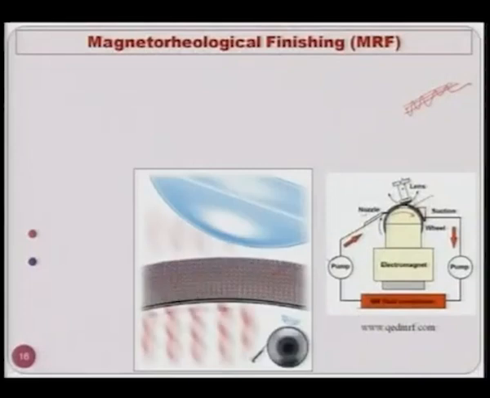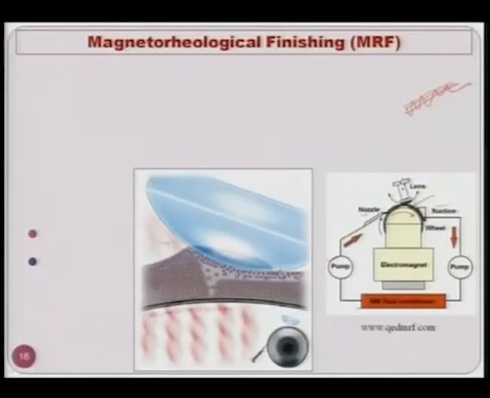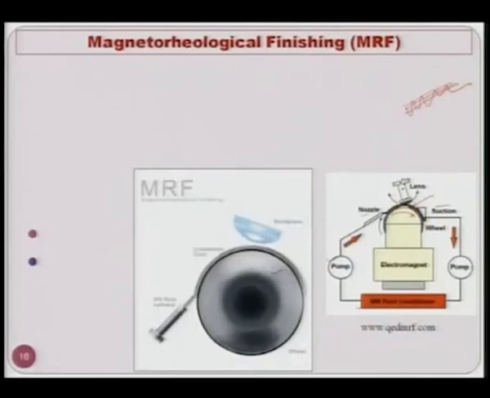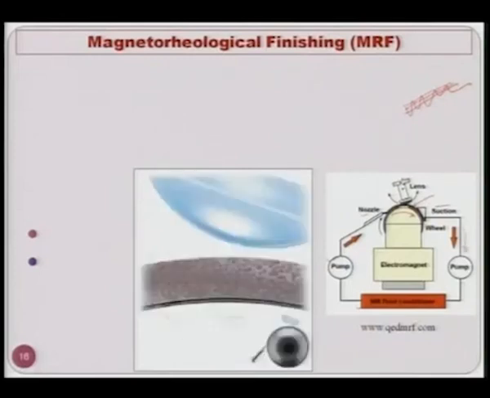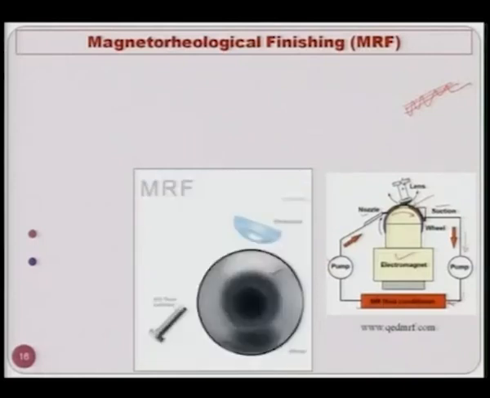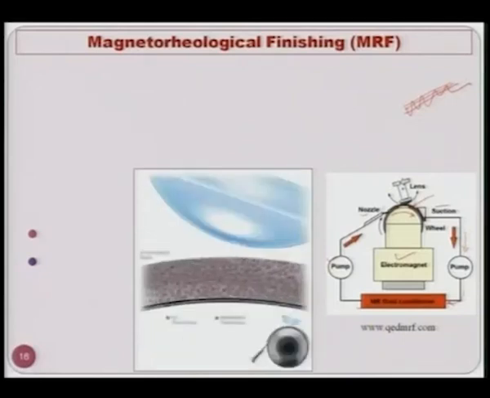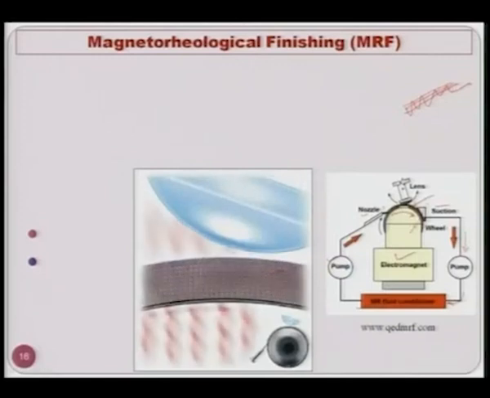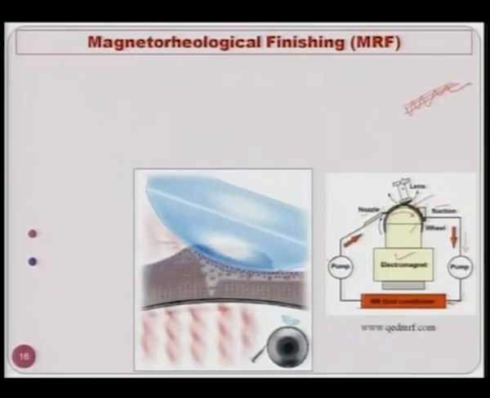Once it has finished its function, a suction pump takes this used MR fluid and brings it back to the MR fluid conditioner. Here is the electromagnet, which is creating the magnetic field surrounding this part of the rotating wheel, and this is how it works.